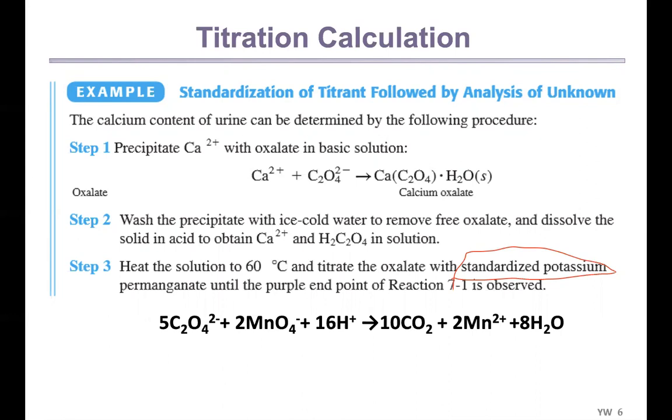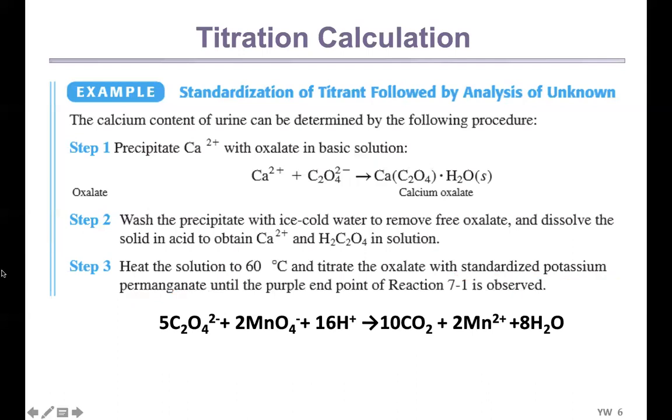All right, so that is the idea of how this is done. And again, if you have a urine sample with unknown calcium amount, you will carry out all the steps to determine the amount of calcium in the urine. And before you actually test the unknown, you have to make sure that you know the concentration of the potassium permanganate, okay?